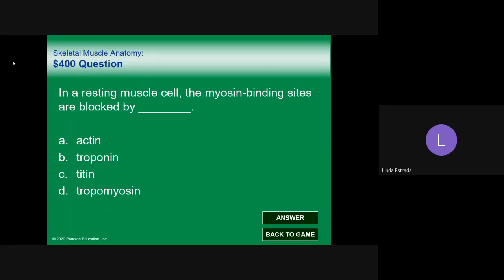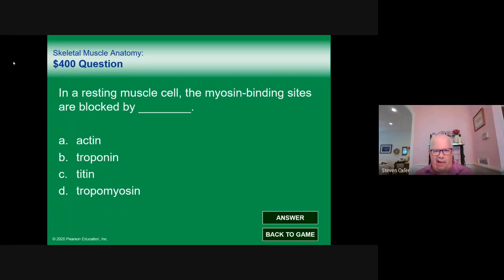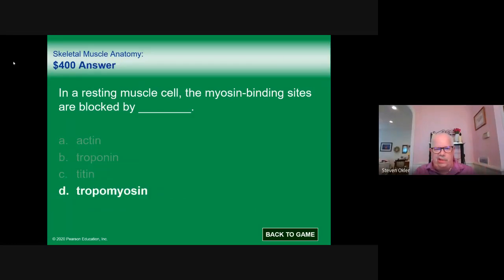Troponin and tropomyosin. That is correct. Those are the two choices and the only two choices. And the choice is tropomyosin. I'm going to ask you the regulating proteins. I'm not going to ask you which one does what. That's not important. All right?